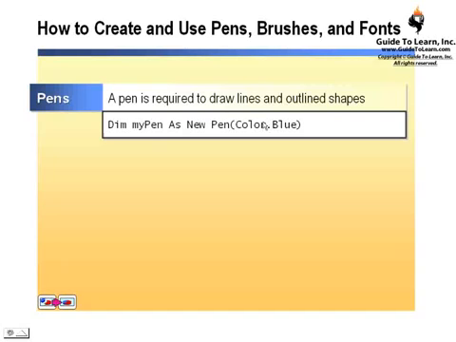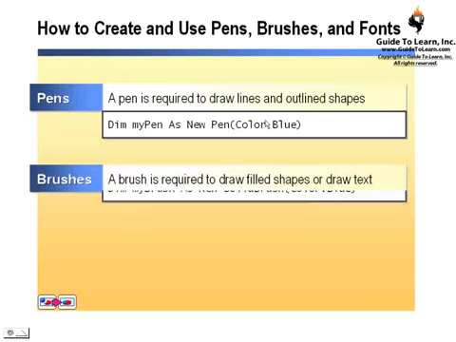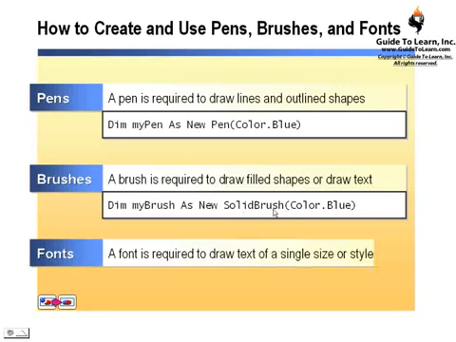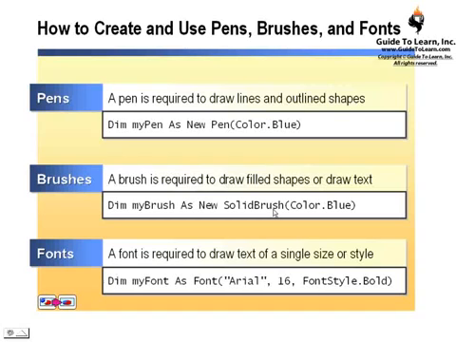The brush is required to draw filled shapes. Again, you have to specify the style for it. There are a variety of different brushes, solid brush, and many more that are available. And of course, a font is required to draw text of a single size or style. You can create a new font by just specifying the name of the font, the size, and the style for it.